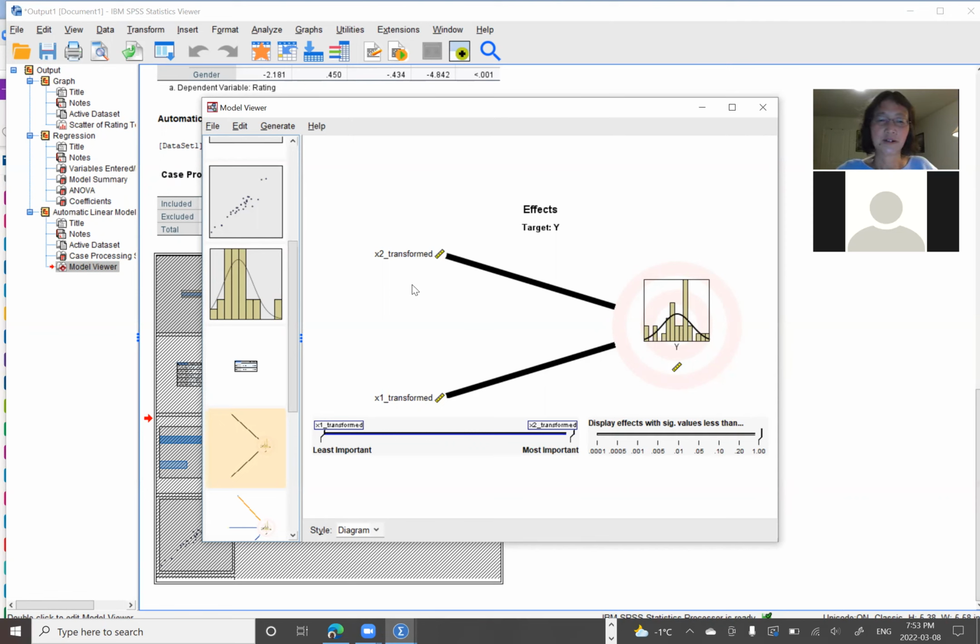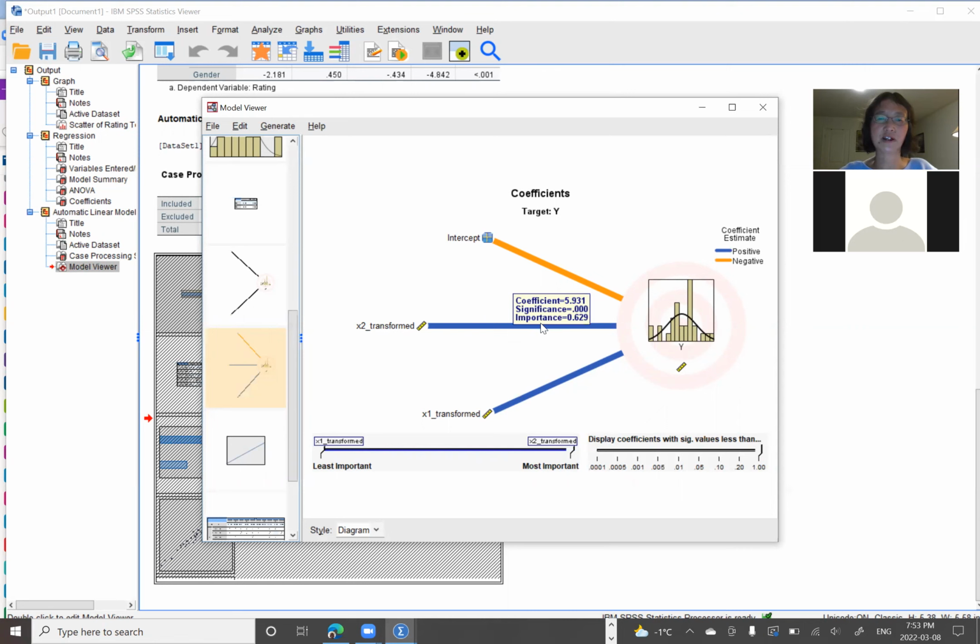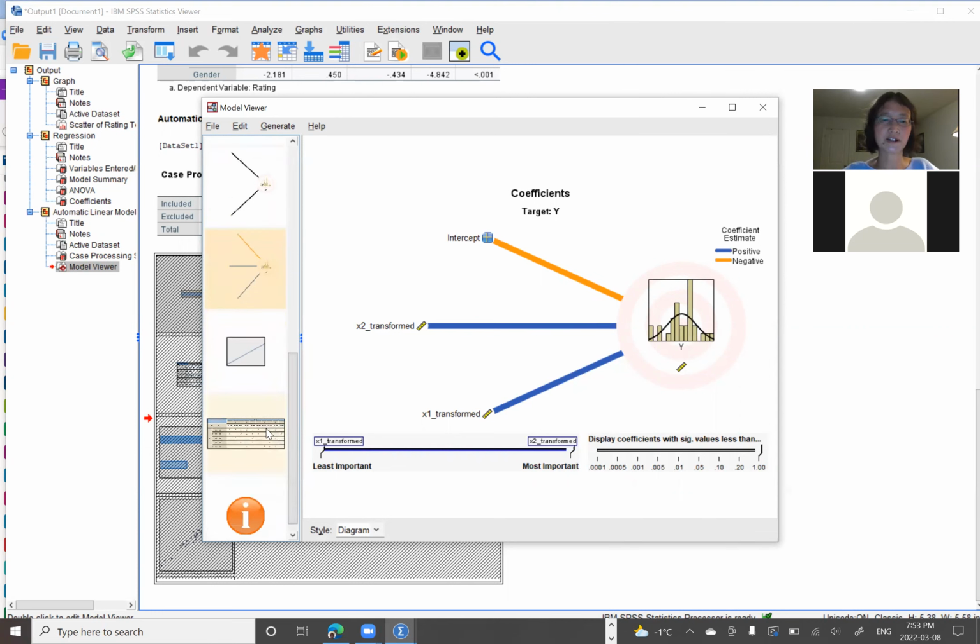This one you can get the coefficient of X1 and X2, as well as the intercept, the constant. If you click it, you get the number. So click it, you get the coefficient for X2, 5.93, and X1 coefficient 0.2. So this is used as a visual representation.